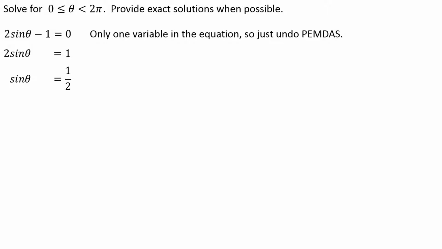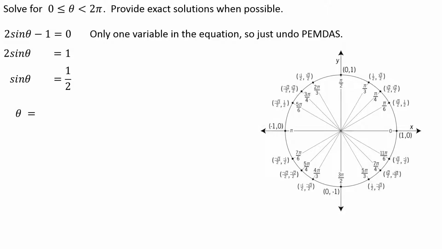Okay, so where am I? Don't grab a calculator. The calculator is only going to give you one answer. Arc sine would be restricted between negative pi over 2 and pi over 2. We don't want to use any negative angles here, and we certainly don't want to stop at pi over 2.